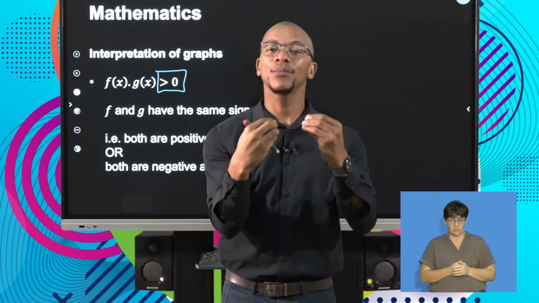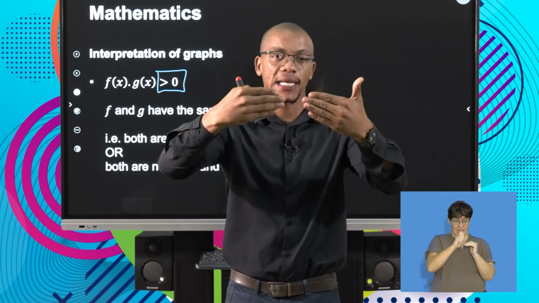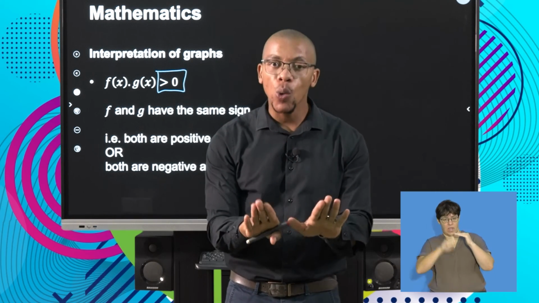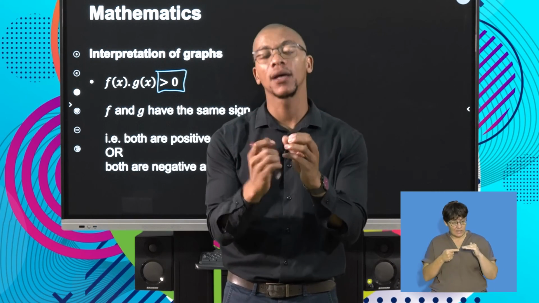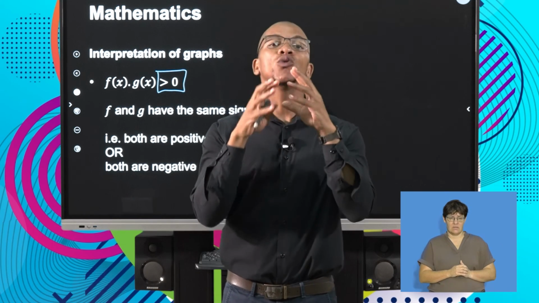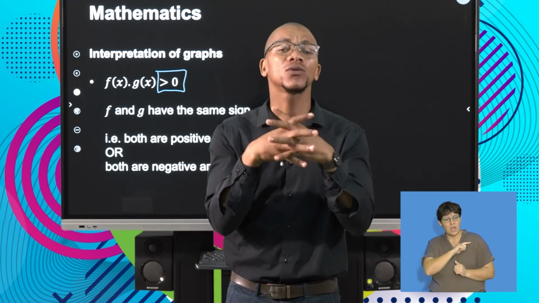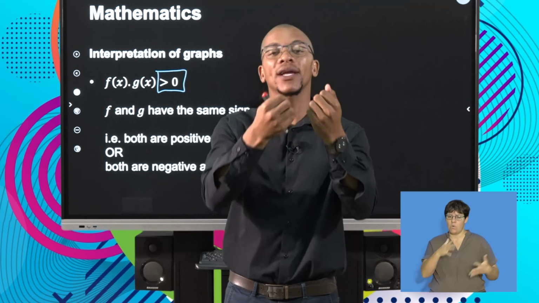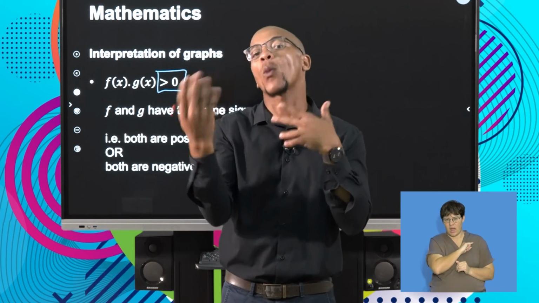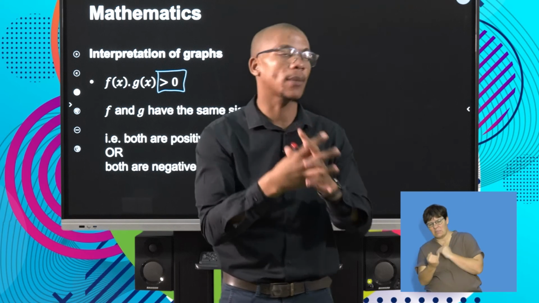So, in simple terms, the two graphs must either both be above the x-axis, or both be below the x-axis. Then this condition will be satisfied. But you need to look at the y value, right? So we use the y values more than anything. Although when you write your solution, you write it as x, because remember, you get y because of x. You remember the independent and the dependent that we spoke about.